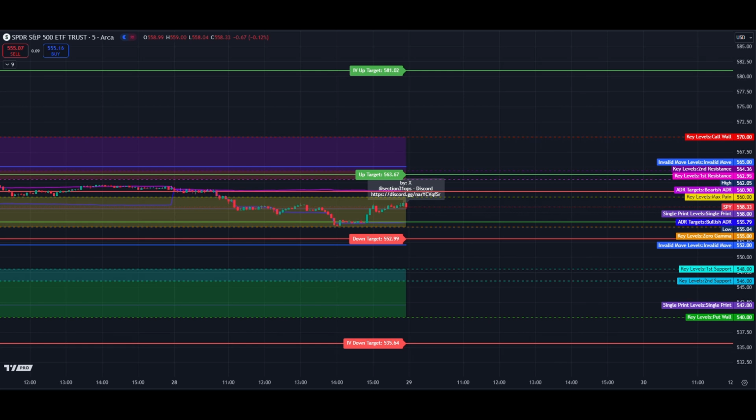Let me re-explain what historic volatility really is. If you imagine you're watching a roller coaster, sometimes it goes up and down really fast, sometimes it's slow and smooth. Historic volatility is just like remembering how wild the roller coaster's been over the last couple of days. If it's fast and bumpy, then we've had a high historic volatility. If it's slow and steady, then we've got a lower historic volatility.